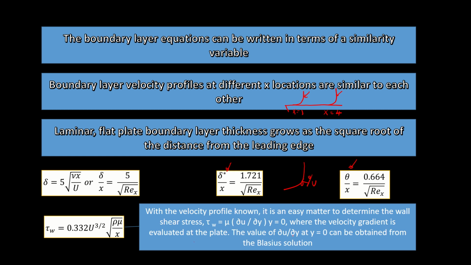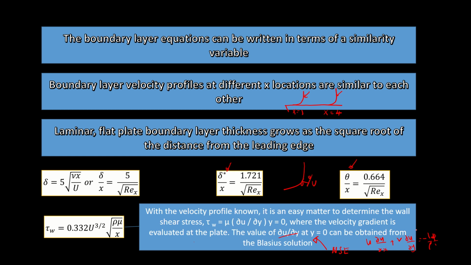The value of du dy at y equal to 0 can be obtained from the Blasius solution, which comes from the Navier-Stokes equation.